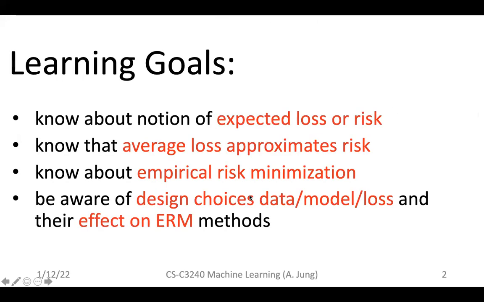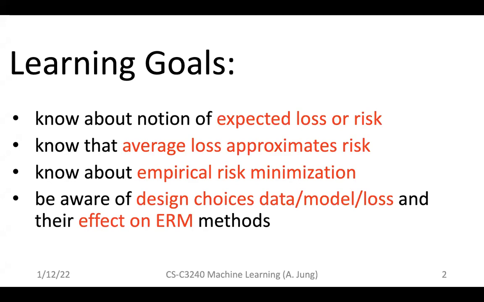So now for the main part of this lecture today: after we have introduced all three components of machine learning, data, a model, and a loss, how do we now combine them? This is done using the notion of empirical risk minimization. First of all, I want to teach you the concept of expected loss or risk.